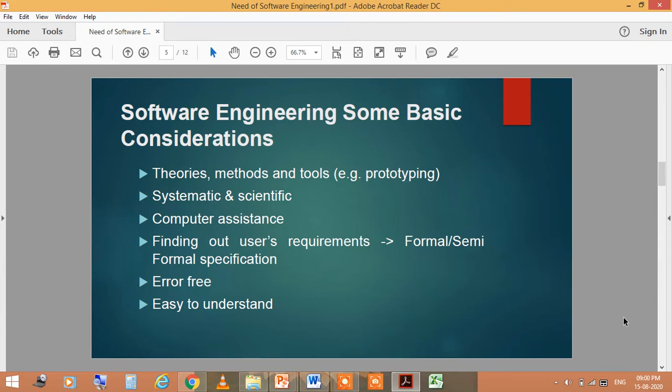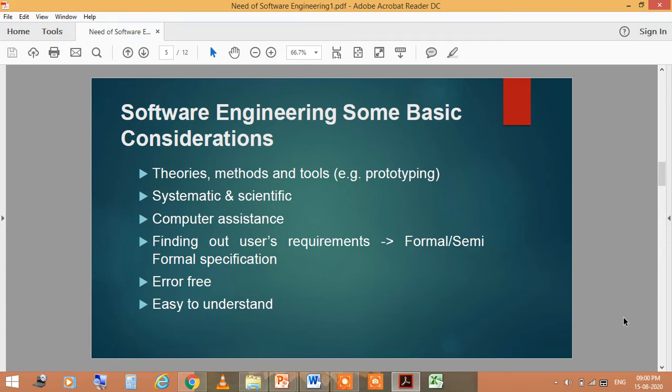In software engineering, we consider theories, methods and tools like prototyping, as I have discussed in the previous video also. For developing a model, you just develop a small prototype, so that it is easy for the developers to work on it.